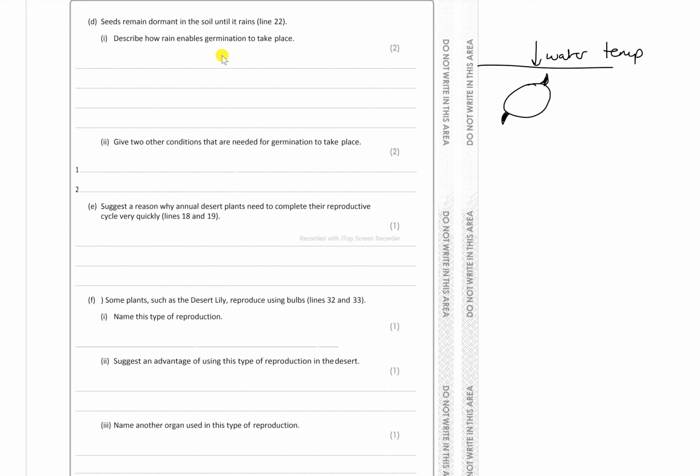So having rain will end up activating the enzymes, so the starch can be broken down in the seed to glucose for respiration.